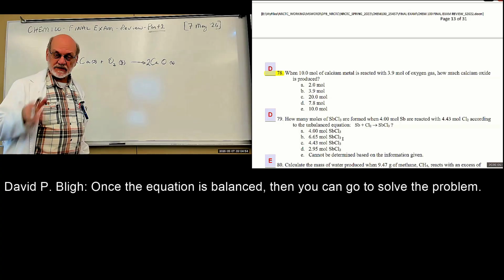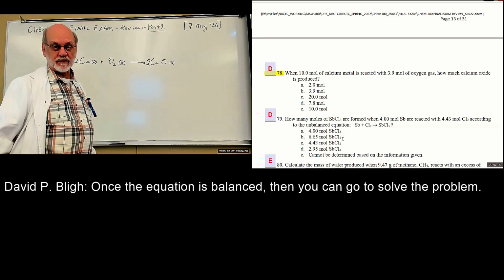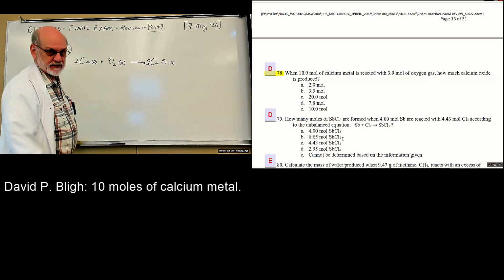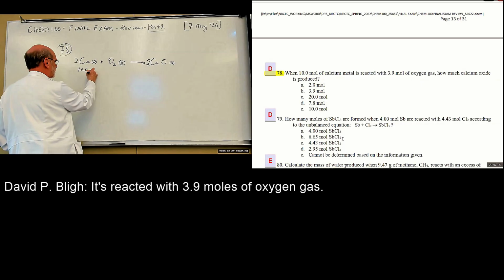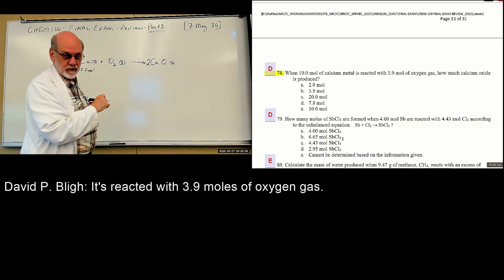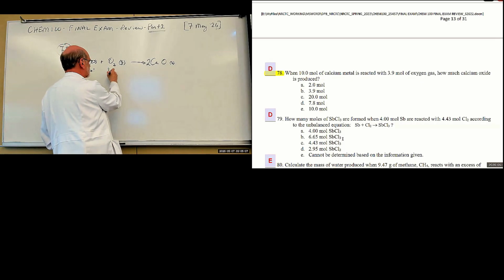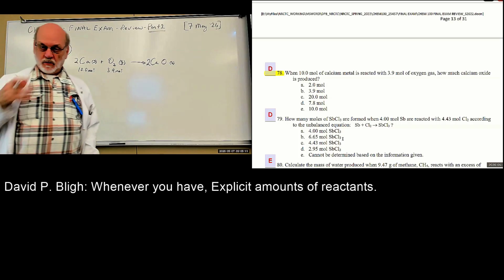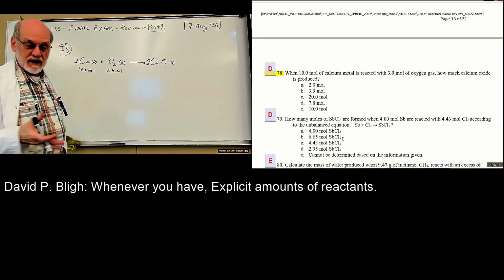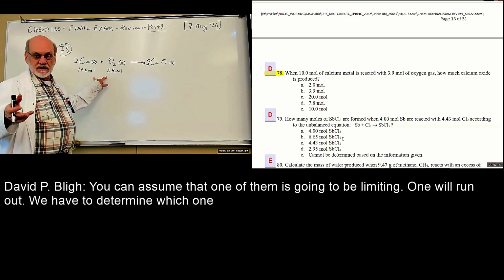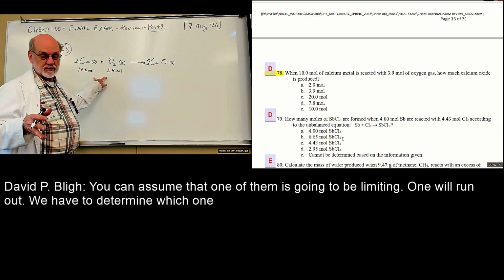Once the equation is balanced, then you can go to solve the problem. 10 moles of calcium metal is reacted with 3.9 moles of oxygen gas. Whenever you have explicit amounts of reactants, you can assume that one of them is going to be limiting.